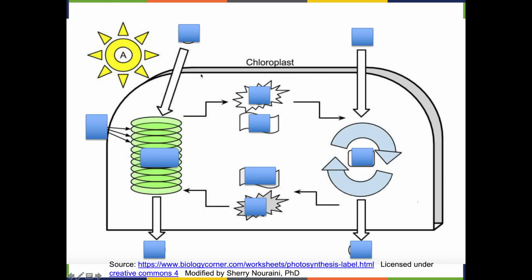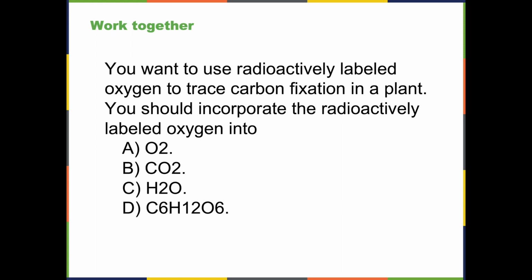So I've prepared this version of this graphic for you so you can test your knowledge. Now you want to use radioactively labeled oxygen to trace carbon fixation in a plant. So now we're talking about the dark reaction, the light independent reaction, or the Calvin cycle, right?